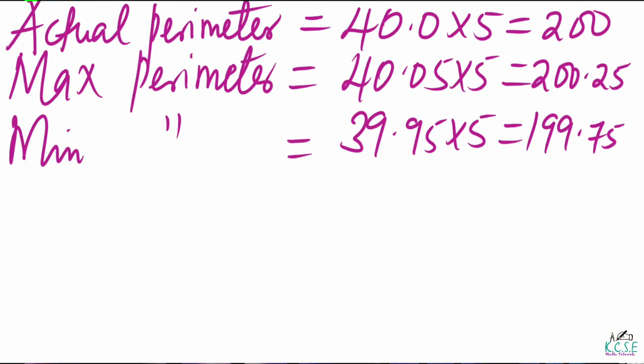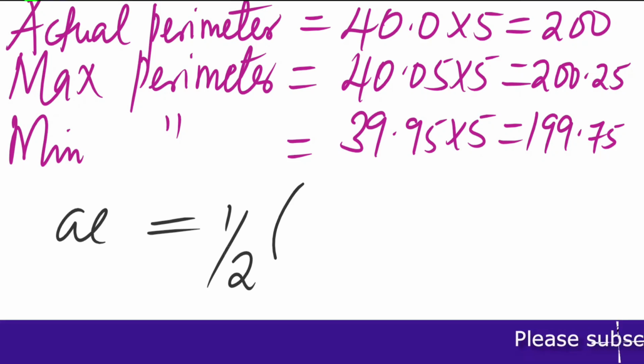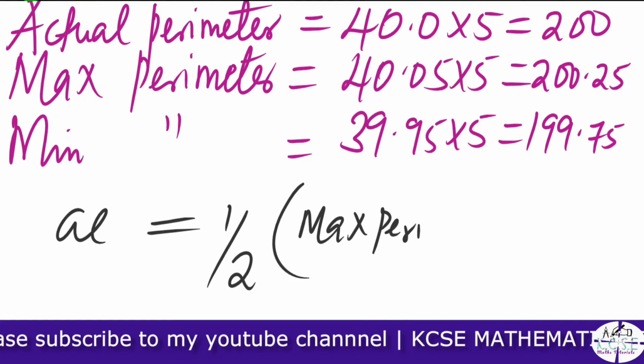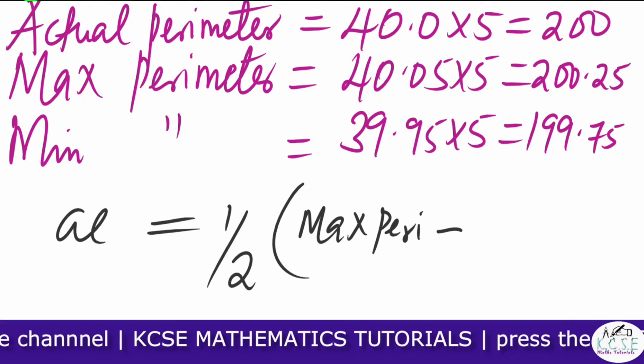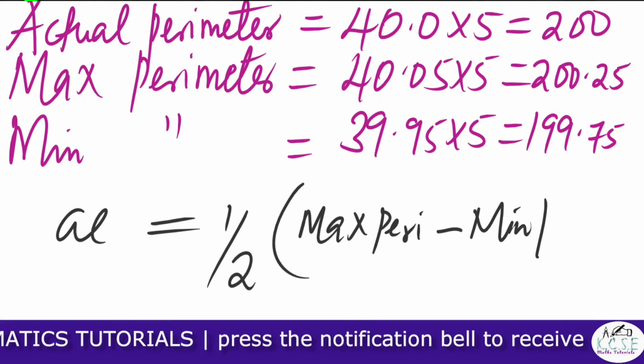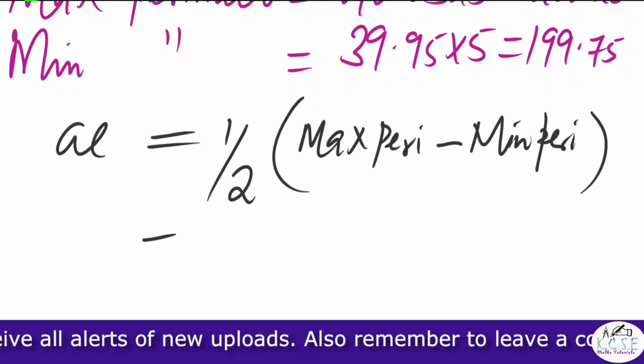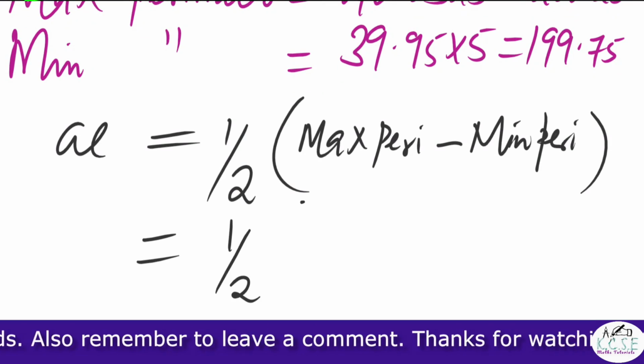So after obtaining the actual perimeter, maximum perimeter, and the minimum, now let's go to getting the absolute error in finding the perimeter. So absolute error in finding the perimeter is given by a half of the maximum perimeter minus minimum perimeter, all of which we have obtained. So these will be a half.